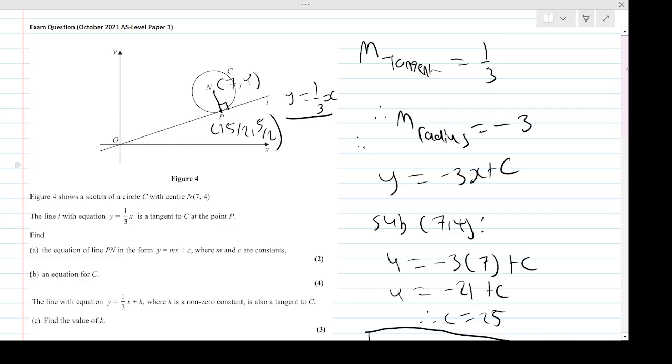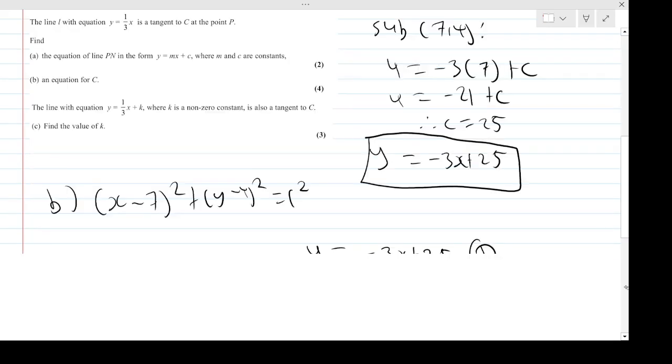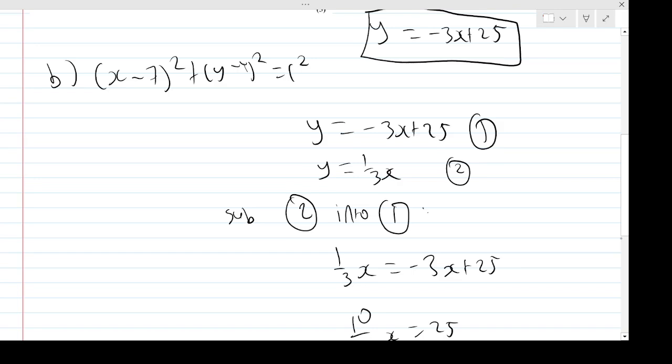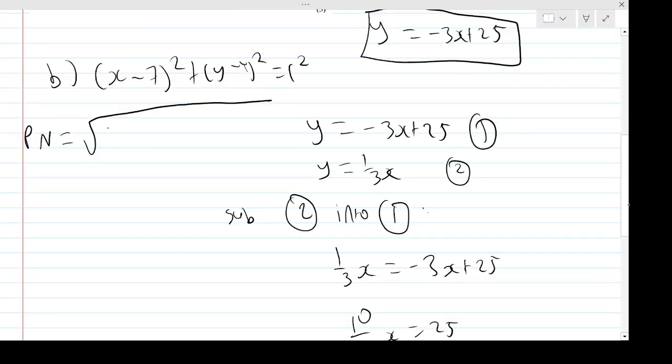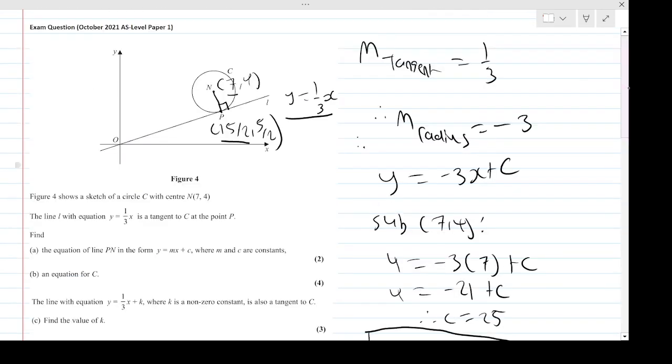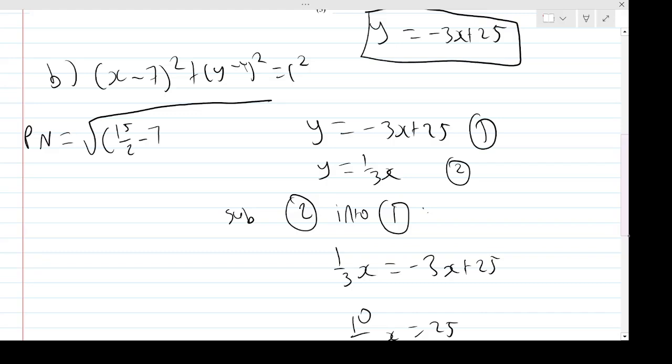Cool. Well, now I know the points P and N, so I can find the distance PN, and that gives me the radius. The distance PN is going to be the change in x between P and N. Let's take x here, so 15 over 2, take away 7, all squared.